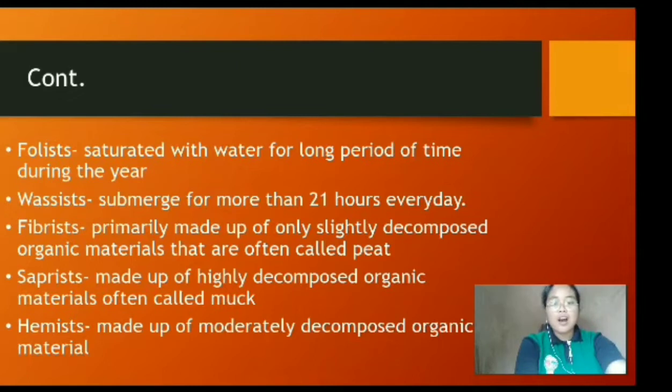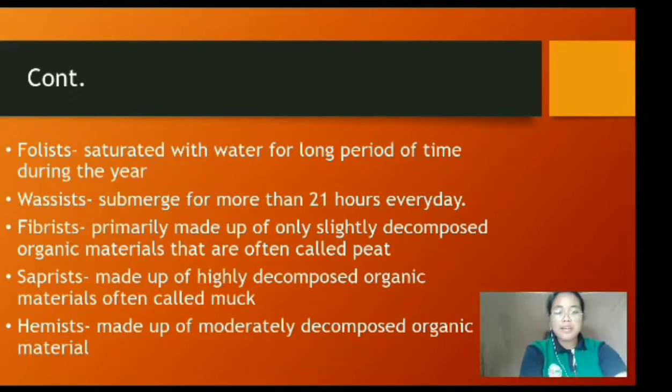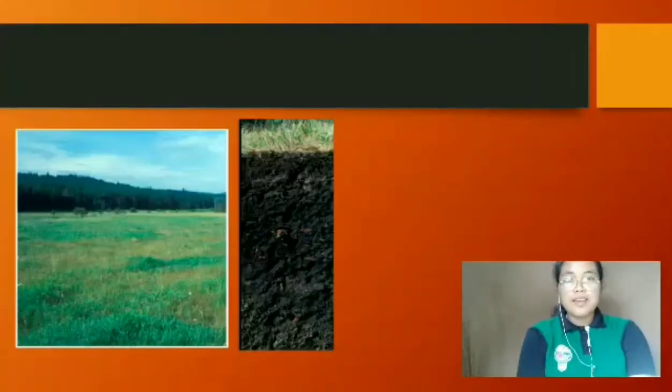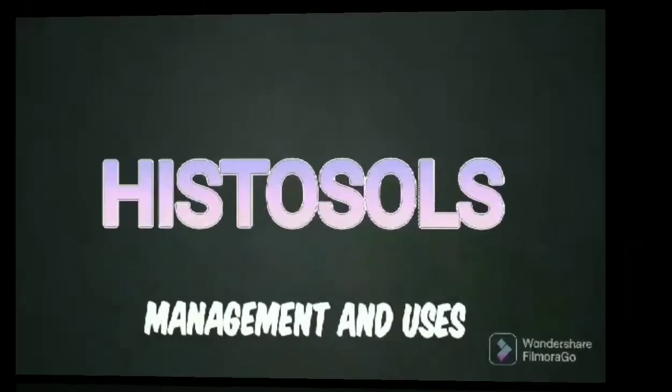And lastly are the hemists, which are primarily made of moderately decomposed organic materials. Now, here are the example pictures of the suborders: the folist, saprist, and fibrist.